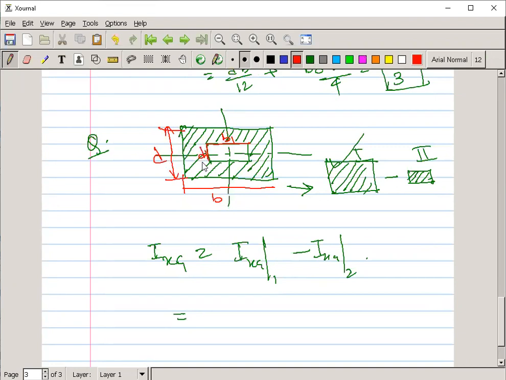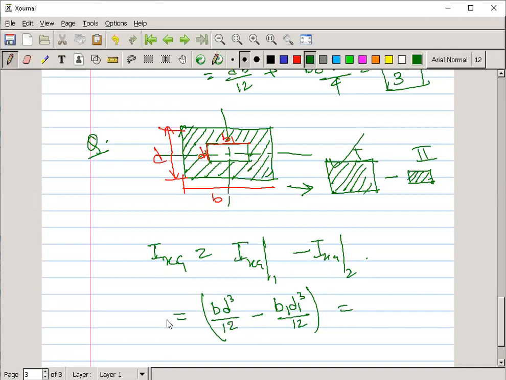Okay, so what you will get, we already know the formula, that is bd cube by 12 minus b1 d1 cube by 12, right? This is 1.